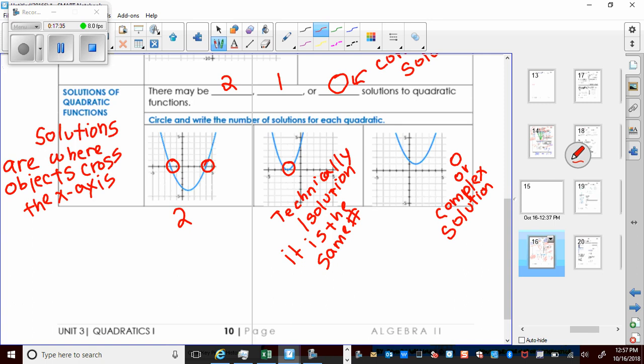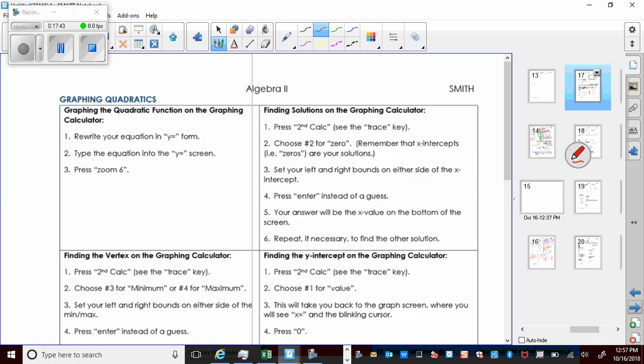Make sure you have this 0 or a complex solution. Now, so right here, Miss Smith, how do I put equations into the calculator? It's right here. Put equations into the calculator.